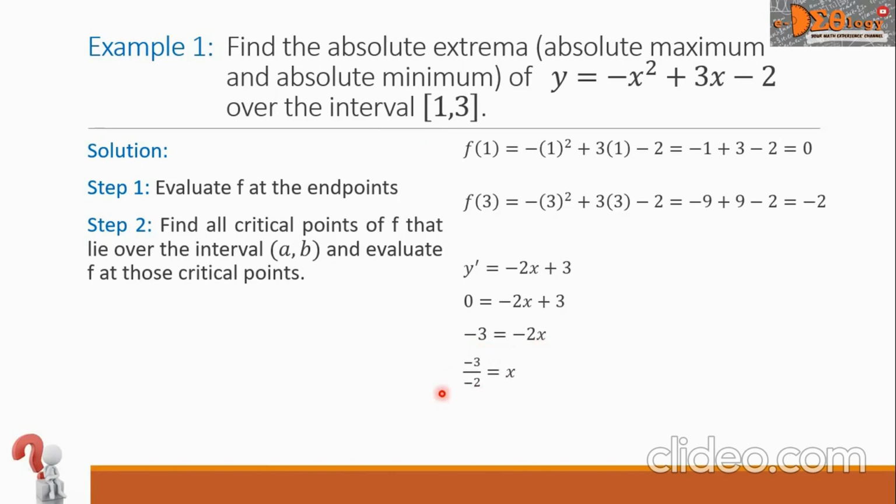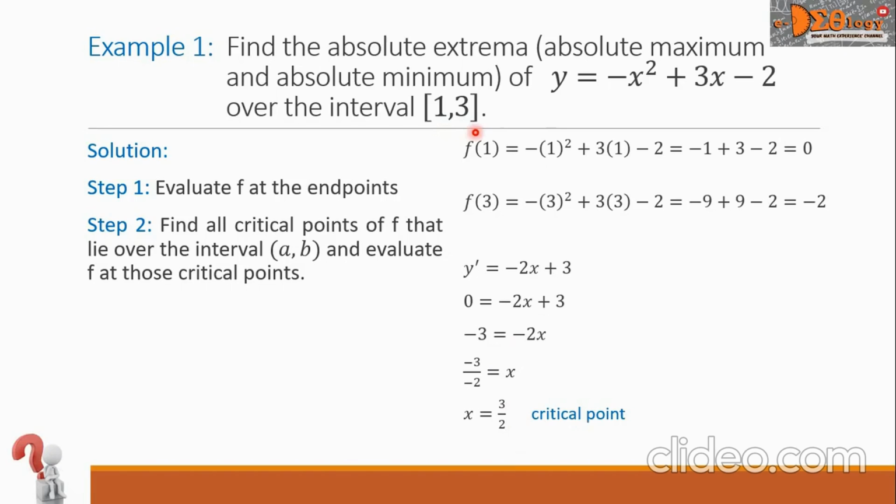So we have the left side to be negative 3 over negative 2 equals x. So the x here is equal to positive 3 over 2. So this is our critical point. Take note that this value is inside the interval from 1 to 3.